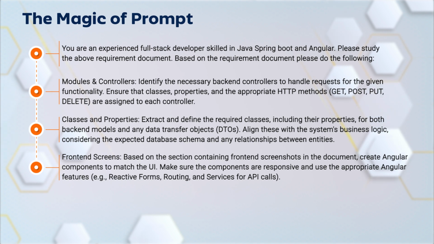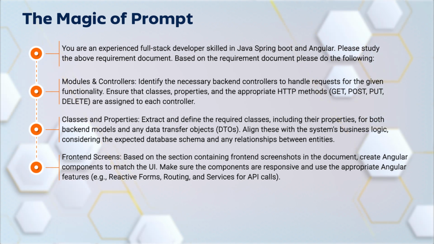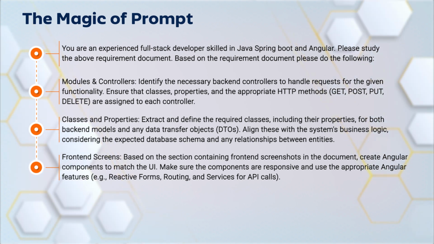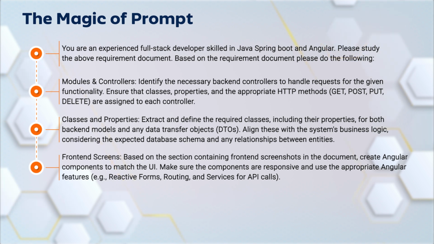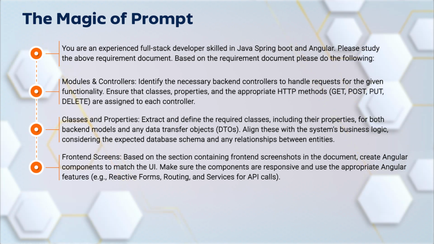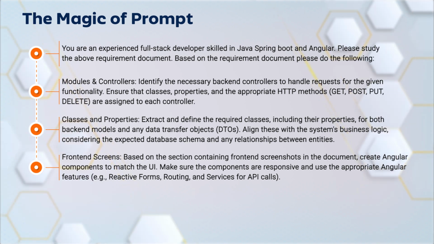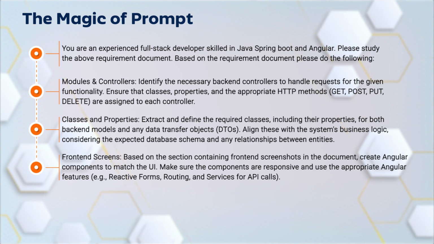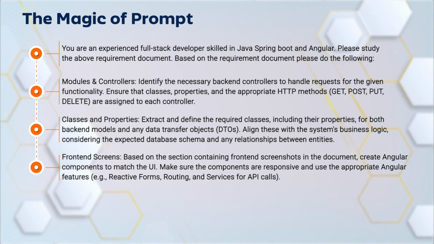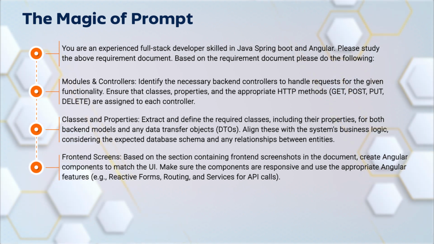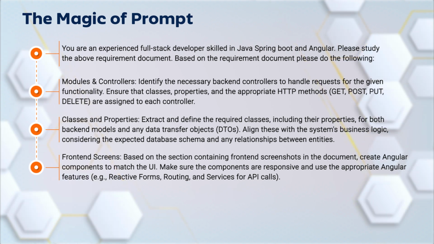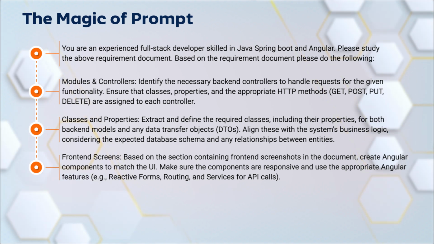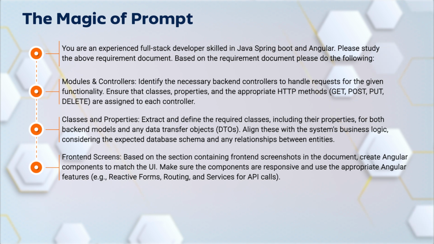Based on the section containing front-end screenshots in the document, create Angular components to match the UI. Make sure the components are responsive and use the appropriate Angular features: reactive forms, routing, and services for API calls. If you see, this prompt is structured to execute different components of the application.